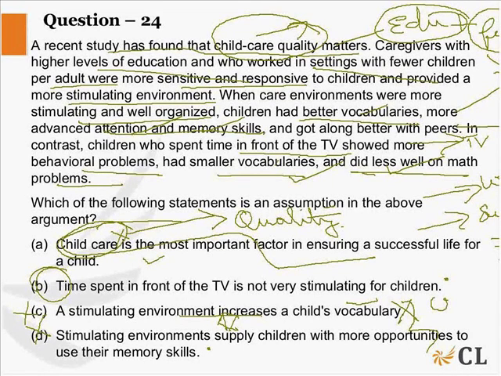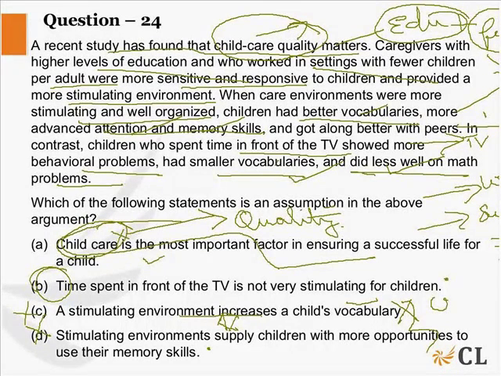The author's argument is not talking about success, it's talking just about benefits. I hope that is clear to you, Manas, now. Assumption is different from a presumption, please understand that. It's saying that yes, there are 1, 2, 3, these are the benefits which are coming in. But it's not saying that it will ensure a successful career for a child.